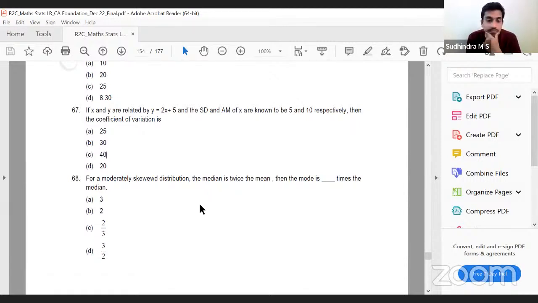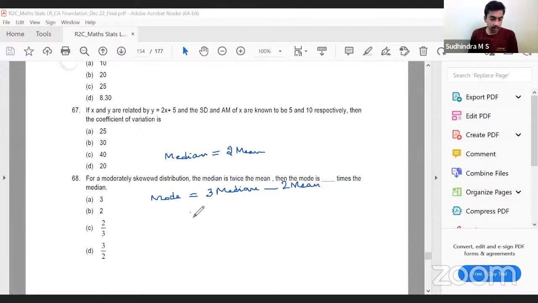3 times. 3 by median. 2. No, both are wrong. 2 by 3. No. See, they have given us median is 2 times mean, and we know that mode is equal to 3 median minus 2 mean.